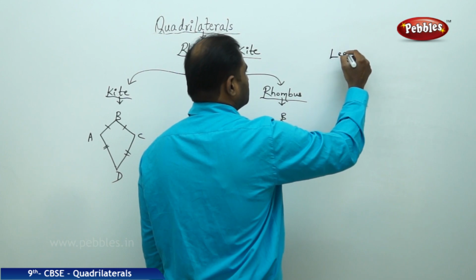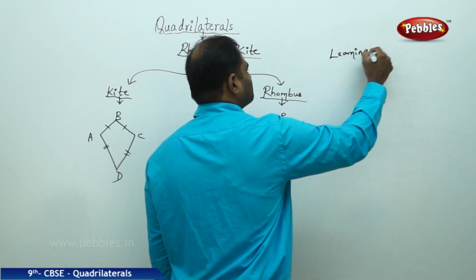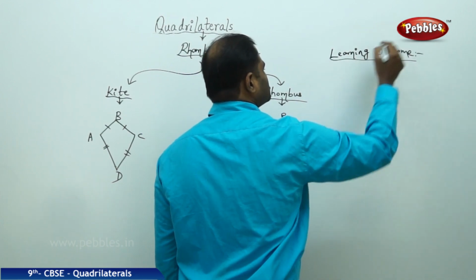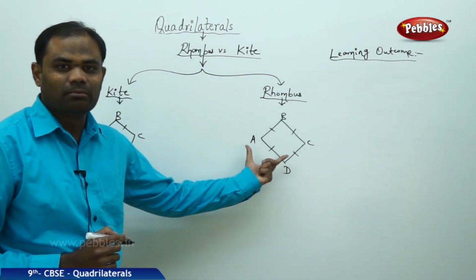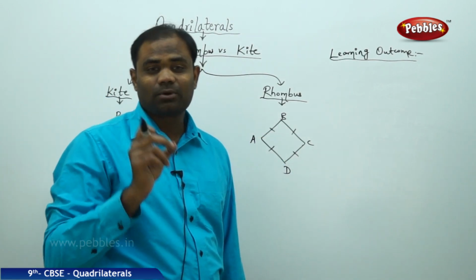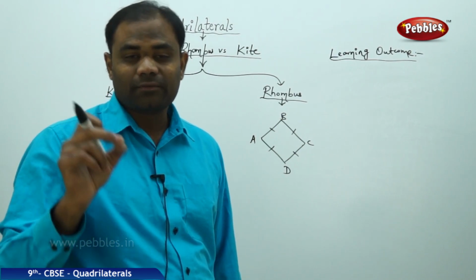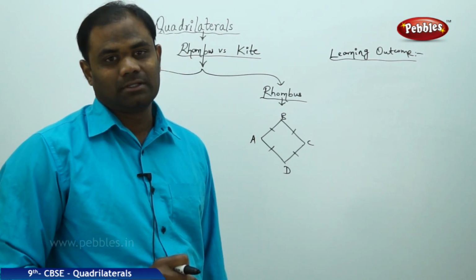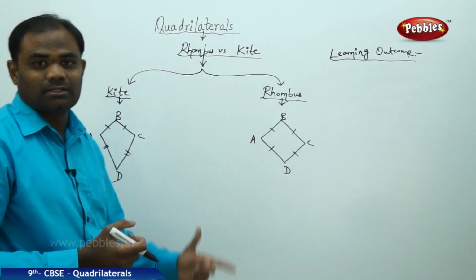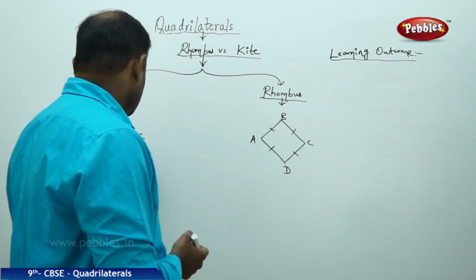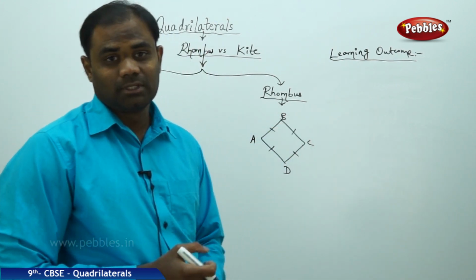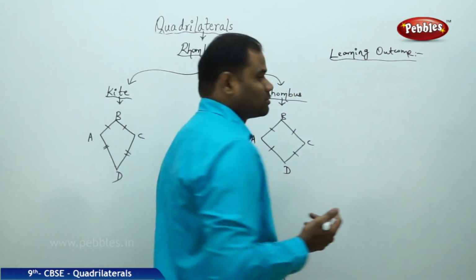My learning outcome is that every rhombus, which has its adjacent sides equal, satisfies the properties of a kite, and hence every rhombus is a kite. But every kite is not a rhombus, because all sides of a kite are not equal.